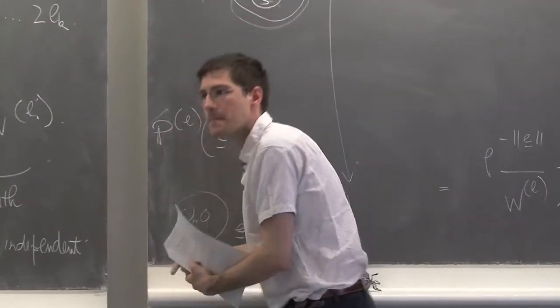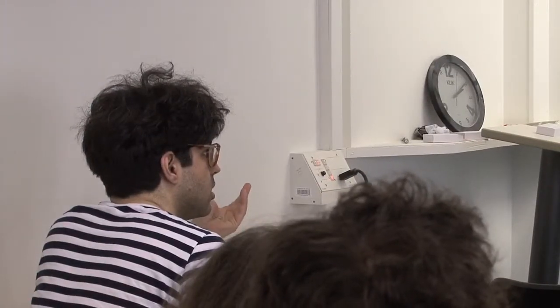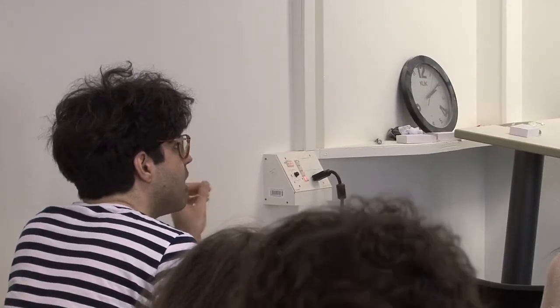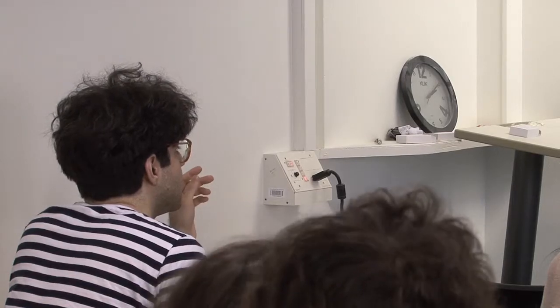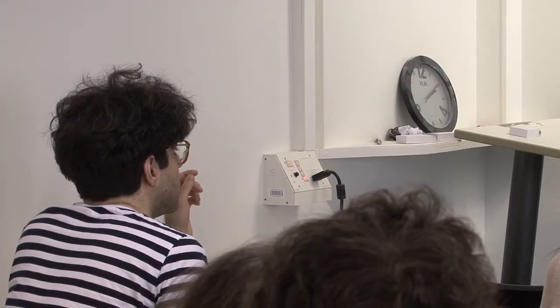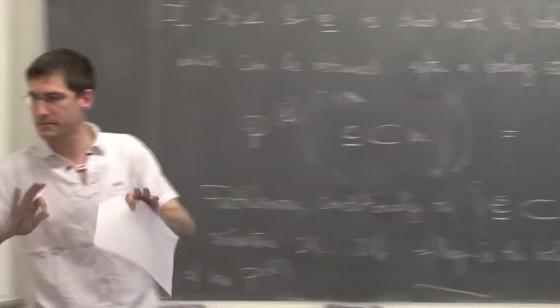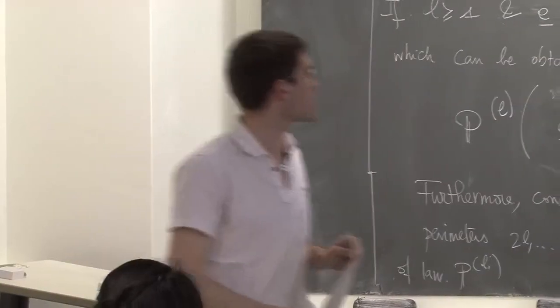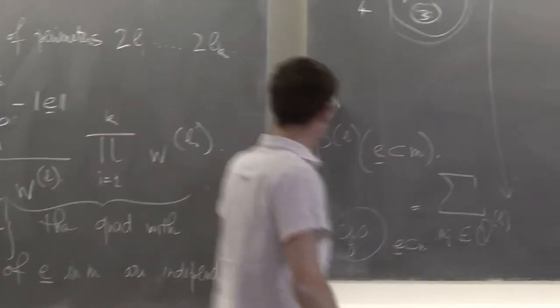The proposition, it means can be obtained, it means that there is an algorithm. No, that's not... You know what? Forget about this. It's not a statement about the peeling steps. Let's just write this, and I will convince you afterwards of what I'm saying about the peeling.